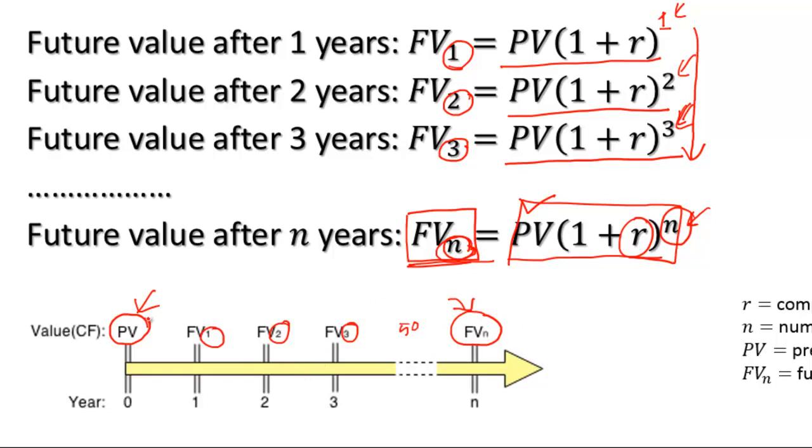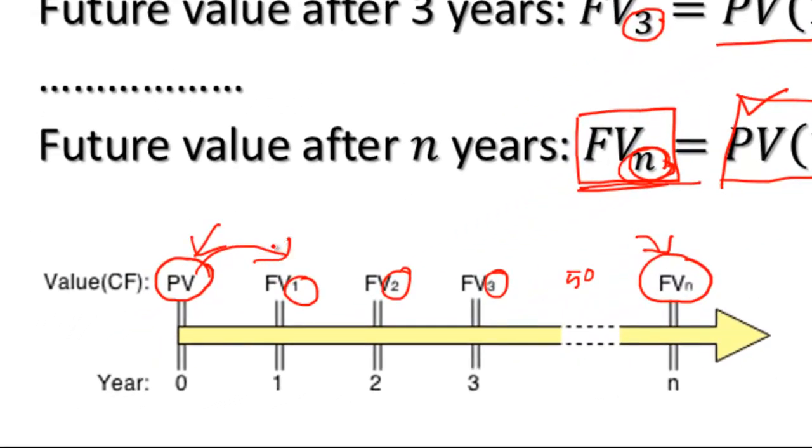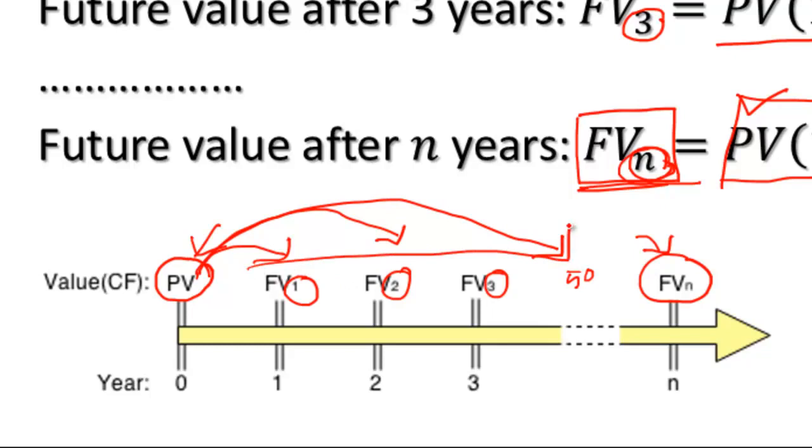Now let me add with this that the process of finding the future value from a present cash flow is called compounding. If you calculate the future value after 1 year, or after 2 years, or after 50 years, this process is called compounding.